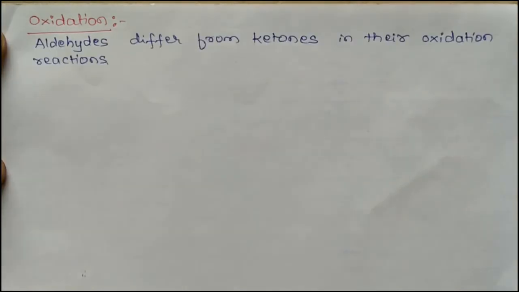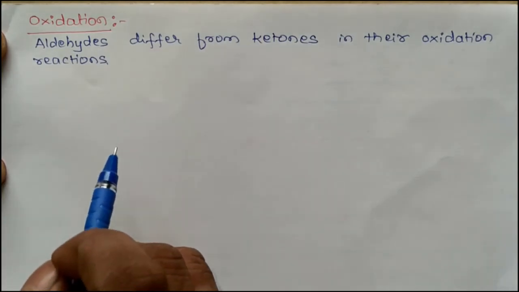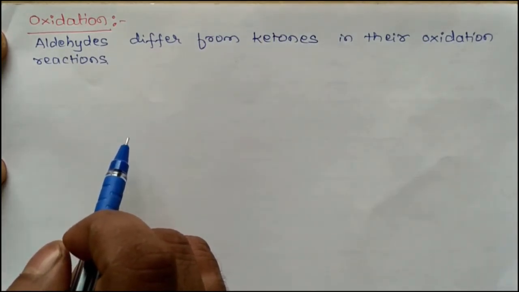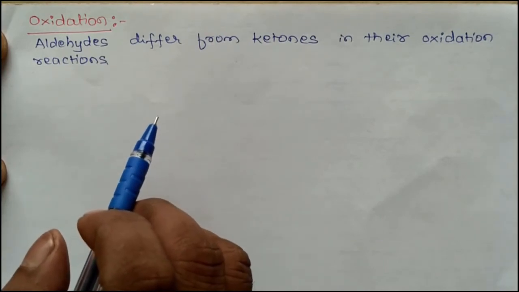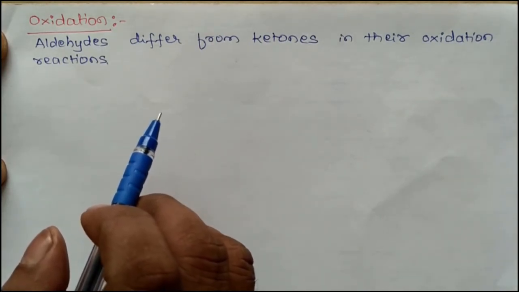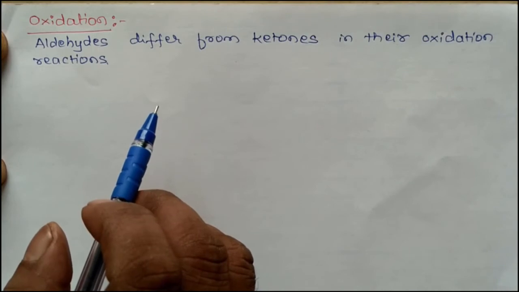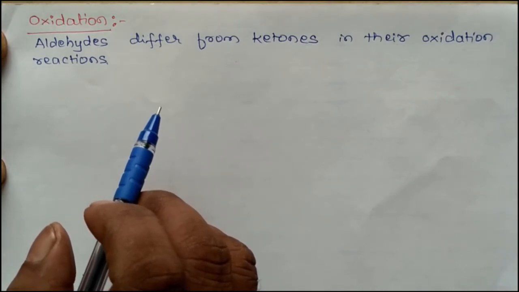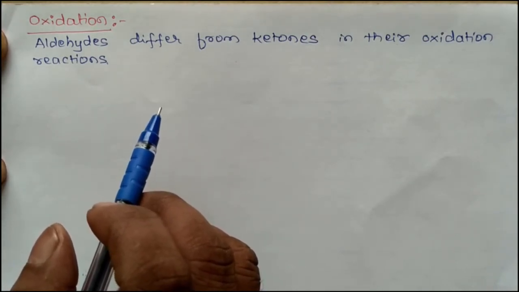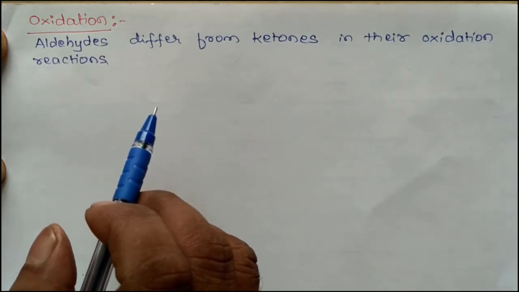Now we'll discuss oxidation reactions of aldehydes. Aldehydes differ from ketones in their oxidation reaction. Aldehydes are easily oxidized to carboxylic acids on treatment with common oxidizing agents such as nitric acid, potassium permanganate, potassium dichromate, etc. Even mild oxidizing agents such as Tollens reagent or Fehling's solution can oxidize the aldehydes into carboxylic acids.